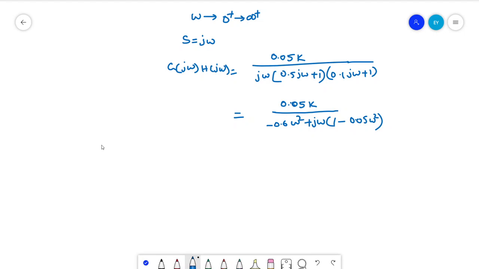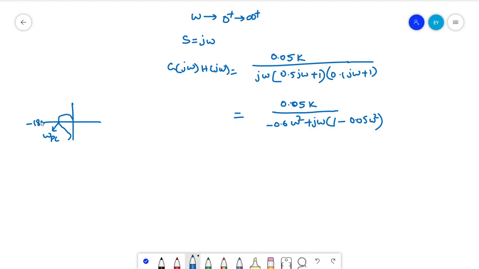Suppose in the plot it starts somewhere here and intersects the real axis; the frequency we calculate here is called the phase crossover frequency, omega pc.